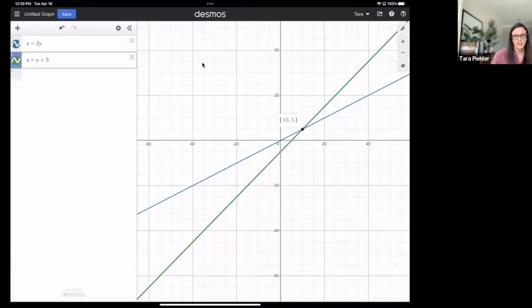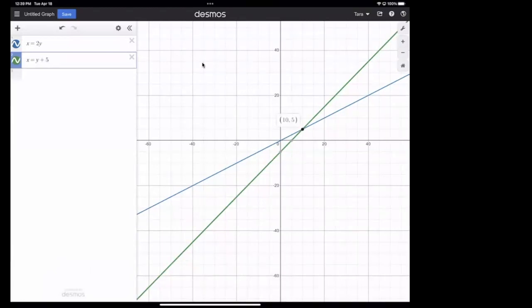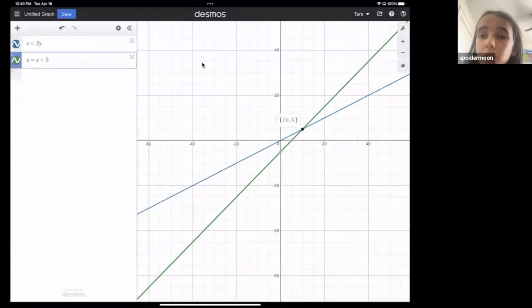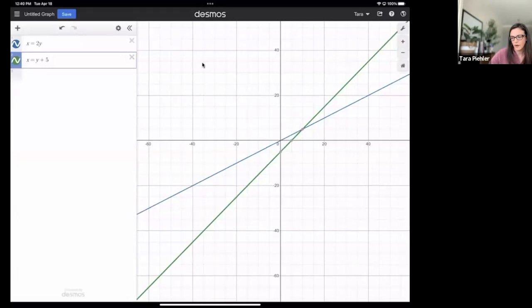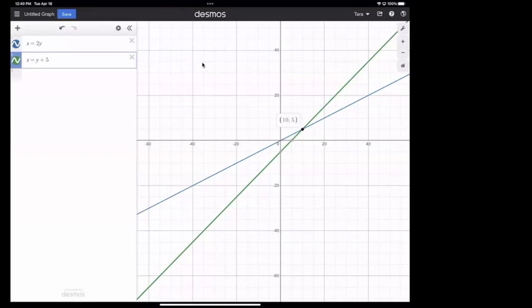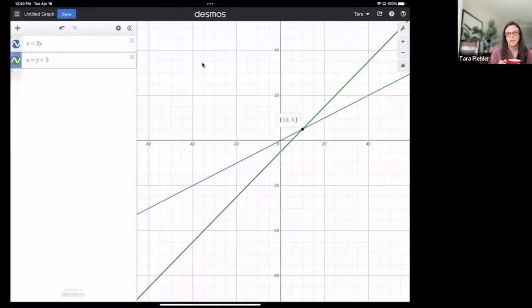And where did they intersect, guys? It's highlighted. 10 and 5. You guys see that? X and Y coordinates. And that's what we solve for, right? One age is 5 and the other age is 10.